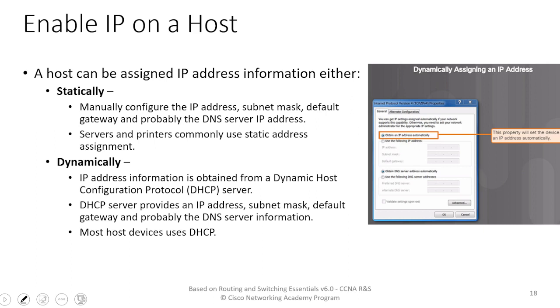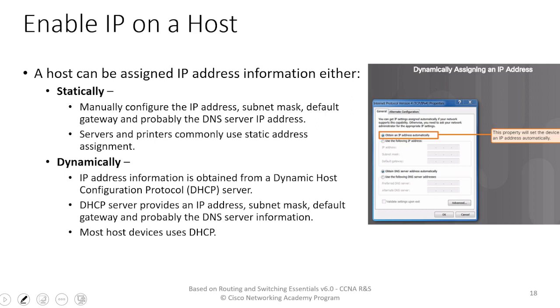But the main idea is, if we have a computer, a mobile device, or anything connecting to a network, we can assign an IP address, a subnet mask, default gateway, and all this information manually. This is something you would be familiar with if you have done it on a Windows PC: you have gone into IP configuration and put the IP address, subnet mask, and all this information manually. So that is one possibility.